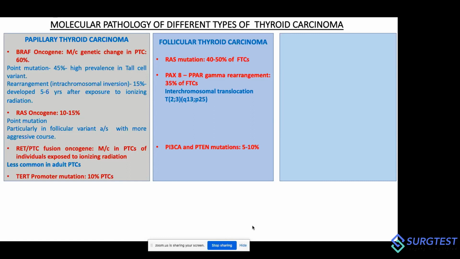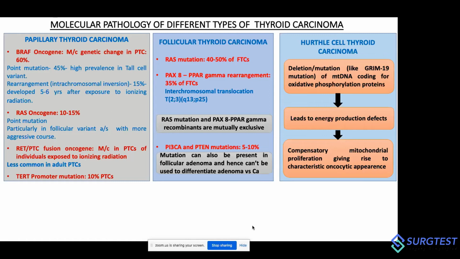I don't think you will be required to remember the translocations. The most important point here is that RAS mutation and PAX8-PPAR gamma rearrangements are mutually exclusive. If there is a RAS mutation, the PAX8 translocation will not be there, and if there is a PAX8 translocation, then the RAS mutation will not be there.